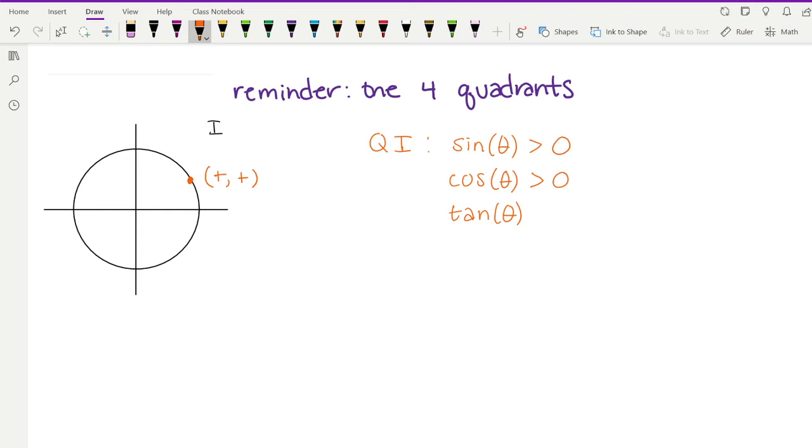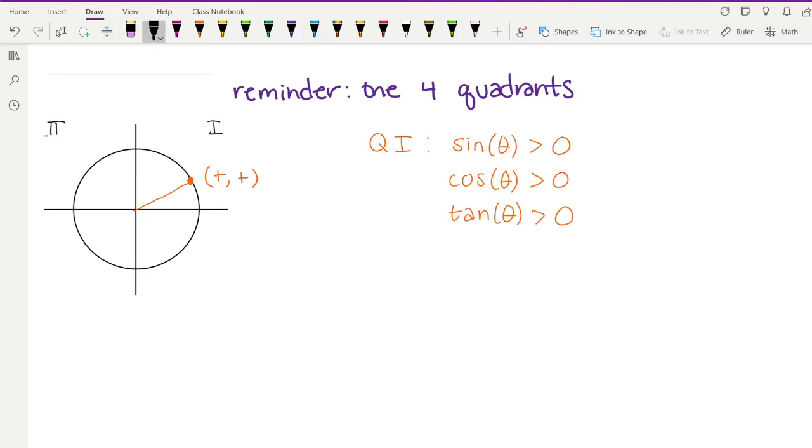And then tangent, well, there are 2 ways to think about it. One way is sine over cosine, and if sine and cosine are both positive numbers, of course you get a positive number when you divide them. The other way is if you eyeball the slope of this terminal side that I just drew, that's a positive slope, and so that also verifies that tangent is positive.